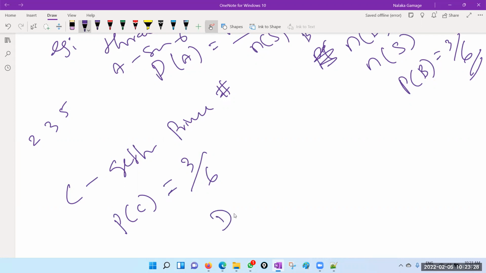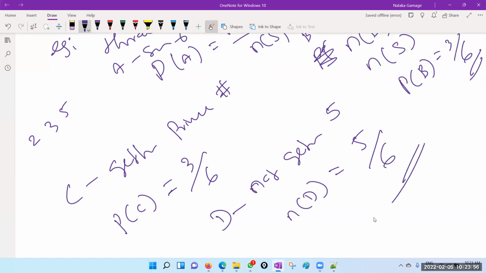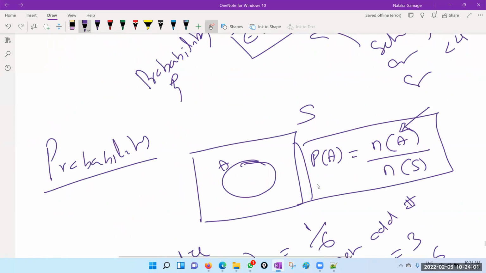Now my D event: what is the probability of not getting 5? How many possibilities are there? Not getting 5 means getting 1, 2, 3, 4 and 6. So there are 5 outcomes. In total there are 6 outcomes, because getting 5 is also an outcome. So 5 divided by 6. That is how you look at probability. The fundamental formula of probability: P(A) is N(A) divided by N(S), where A is an event.